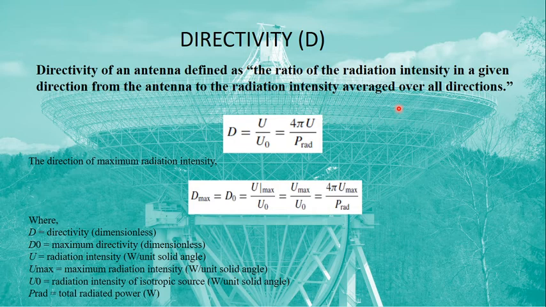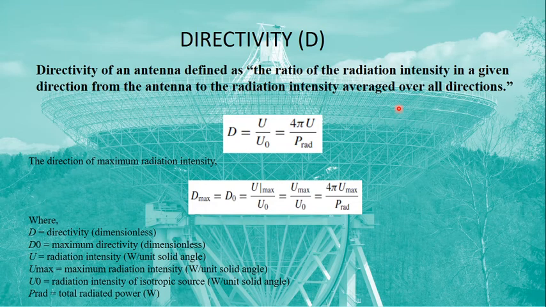In contrast, if you take mobile phone antennas, we do not know from which direction the signal comes. We might be in one place today and move to some other place. Wherever we go, we acquire the signals, which means it has a very low directivity.